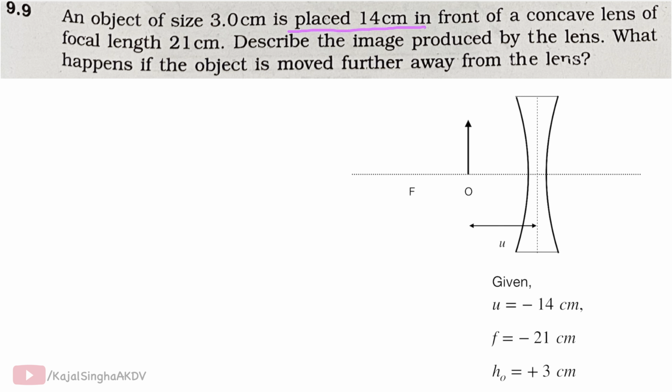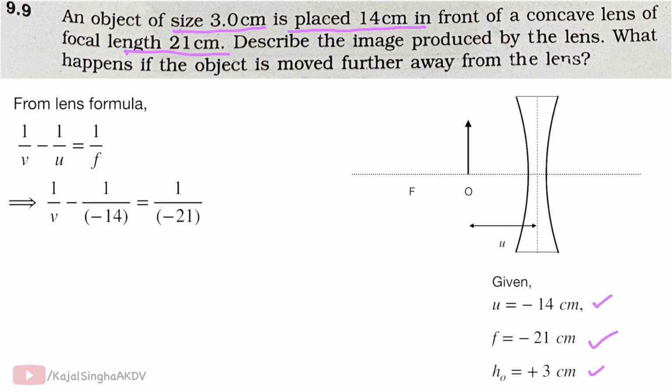It is a concave lens and the size of the object is 3 centimeter, that is ho equals to 3 centimeter. From lens formula, if we put the values of f and u, we get v equals to minus 8.4 centimeter.